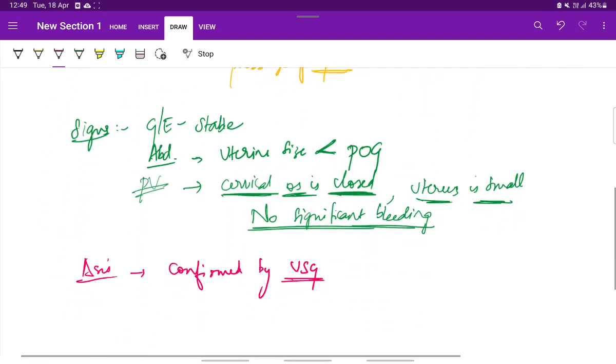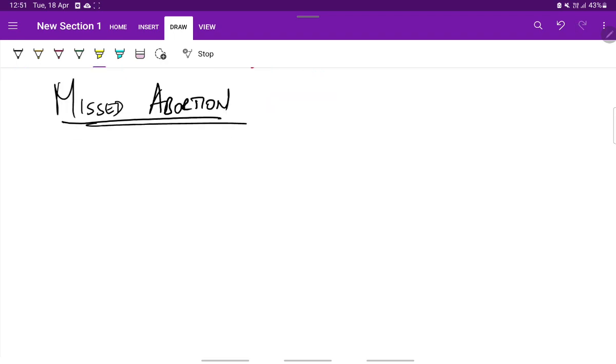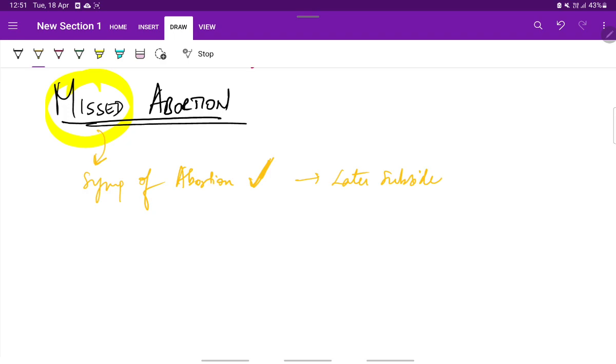The next type we will see is missed abortion. Here, as the name suggests, it is missed abortion. The symptoms of abortion initially occur, which include amenorrhea, abdominal pain and bleeding per vaginum, but they later subside without the products of conception being expelled.